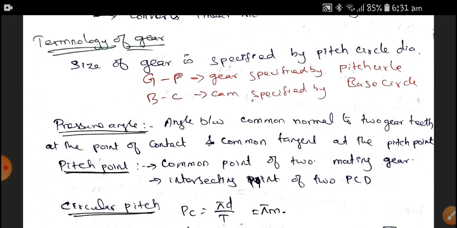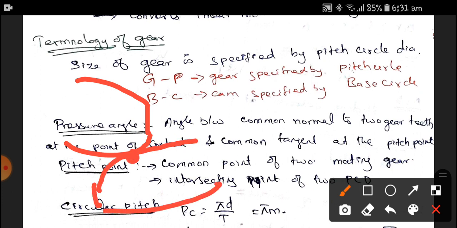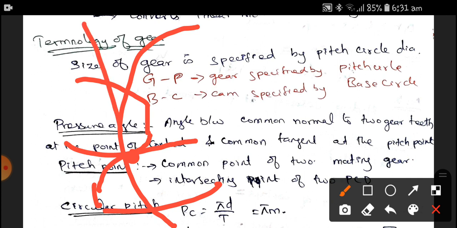Next is the pitch point. The pitch point is a common point of two mating gears. If this is one gear and another gear is mating here, this mating point is called the pitch point. At the pitch point only, the pitch circles of two gears touch.